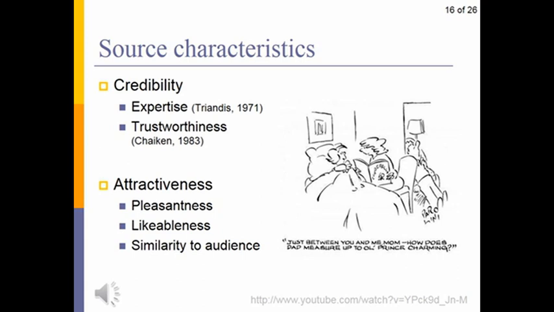The other quality about the source that makes them more persuasive is their attractiveness. Here we're not limiting this just to physical attractiveness, although with any kind of showbiz personality, they're going to be slightly more physically attractive than the norm. But attractiveness is also influenced by other qualities, for example, simply how pleasant or likeable the person is.